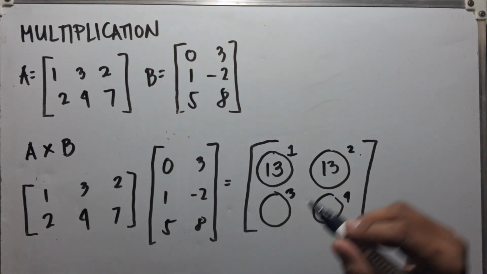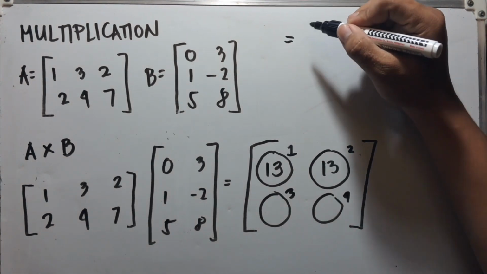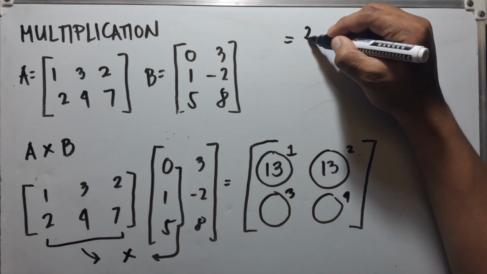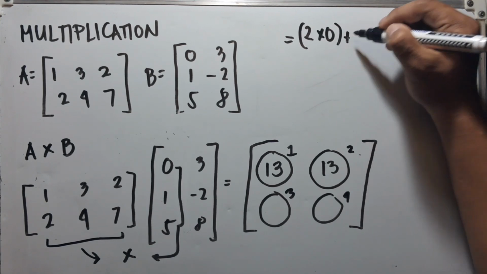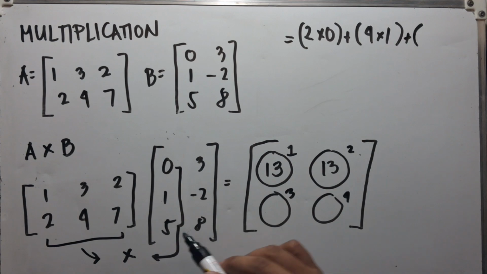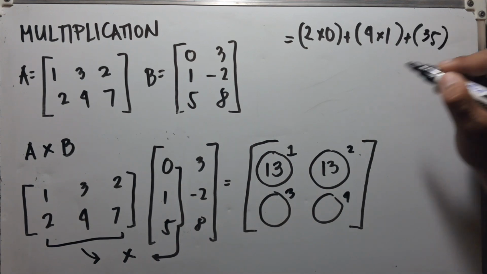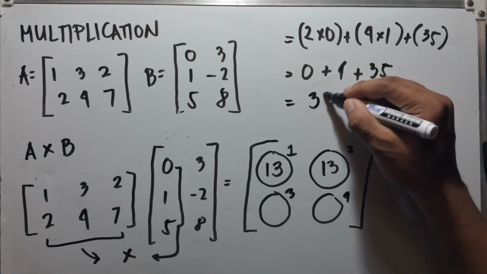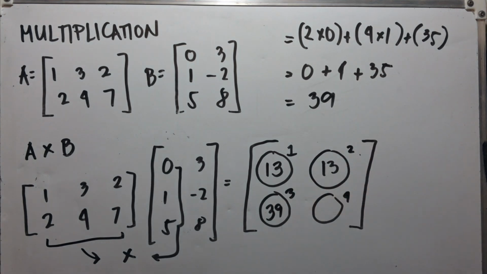The process to get the third answer is the same. We multiply the second row of matrix A and the first column of matrix B. That would be 2 times 0 plus 4 times 1, then 7 times 5 is equal to 35. So that would be 0 plus 4 plus 35, that would be 39.